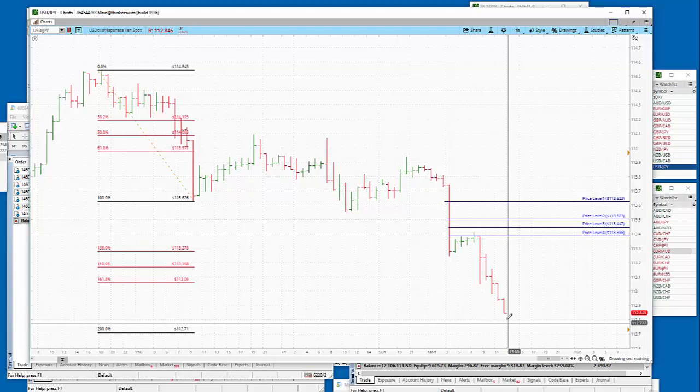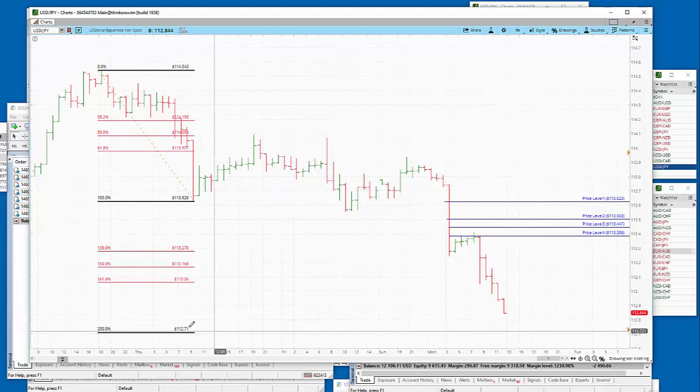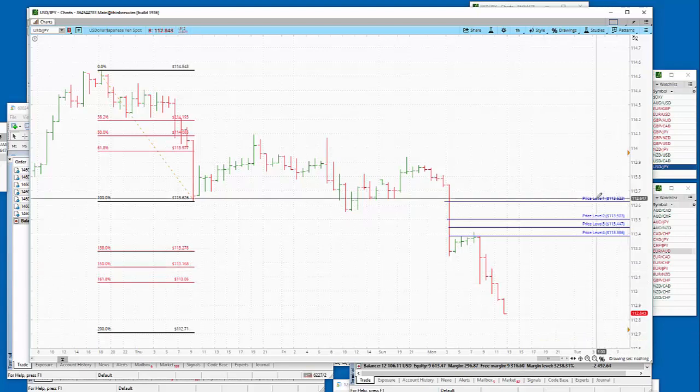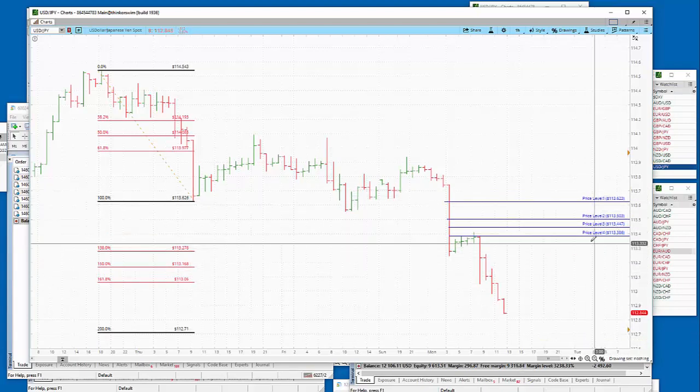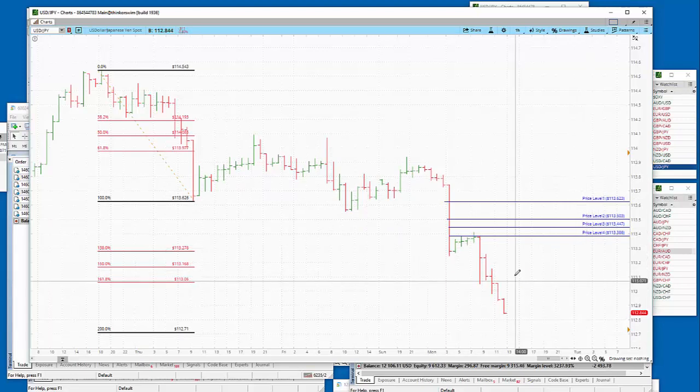So if this low is going to keep coming down, where should we expect it to come? Right down here, 112.71. And guess what? That's right in the same range where these trades will start hedging, right? Never fails.